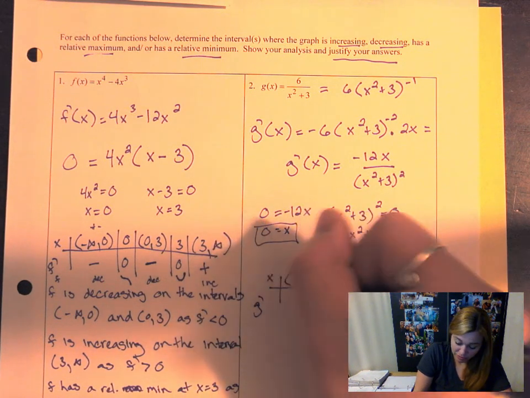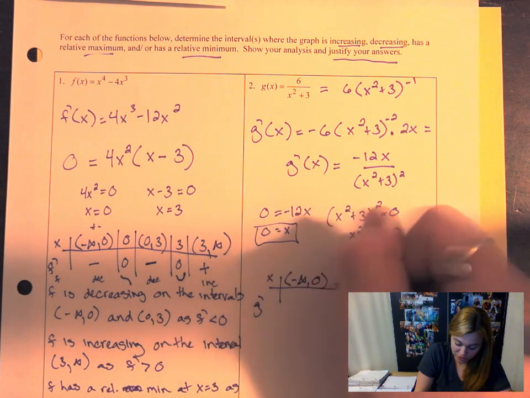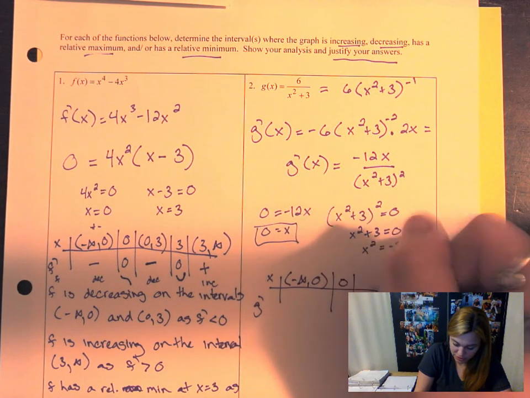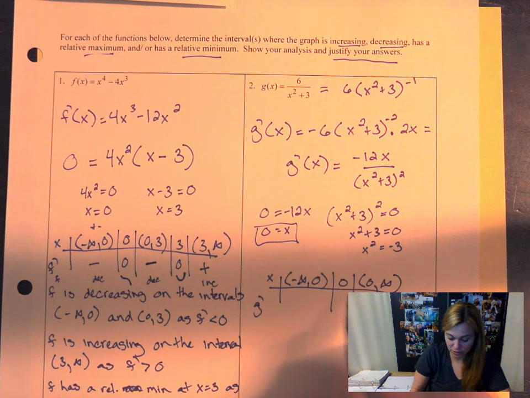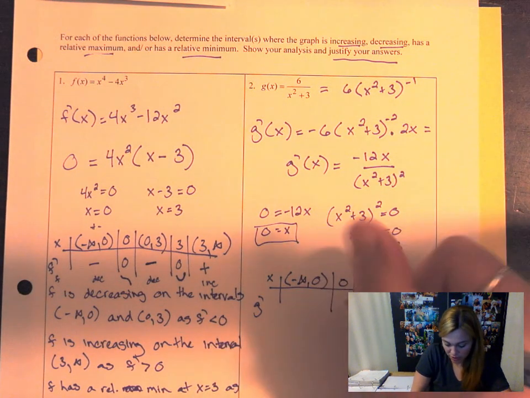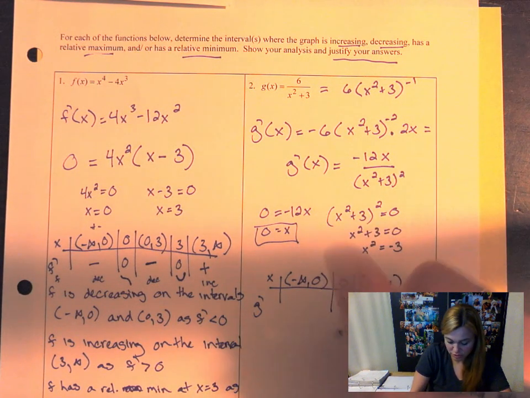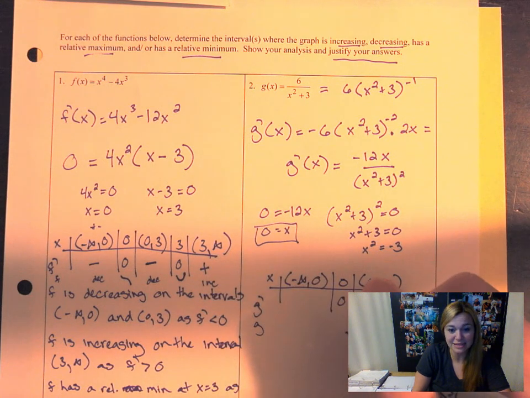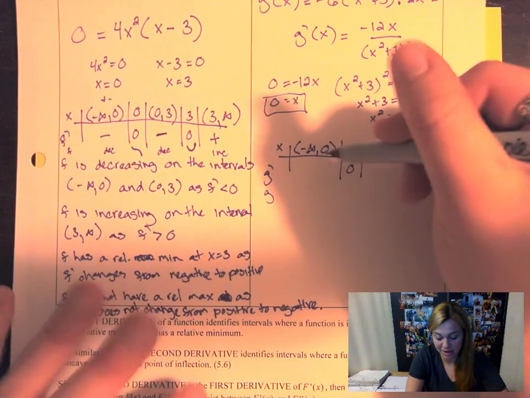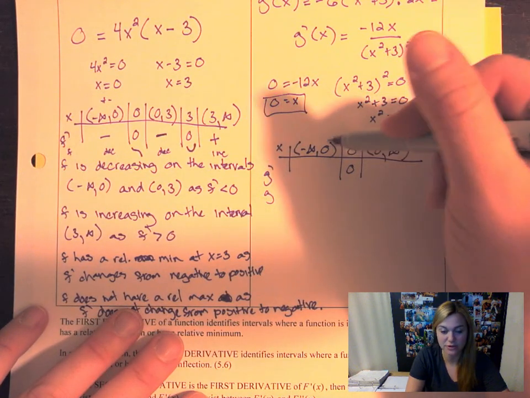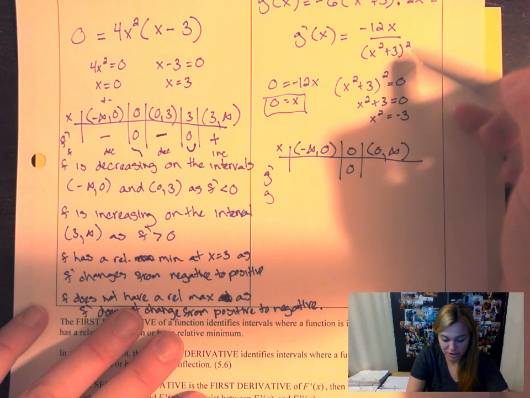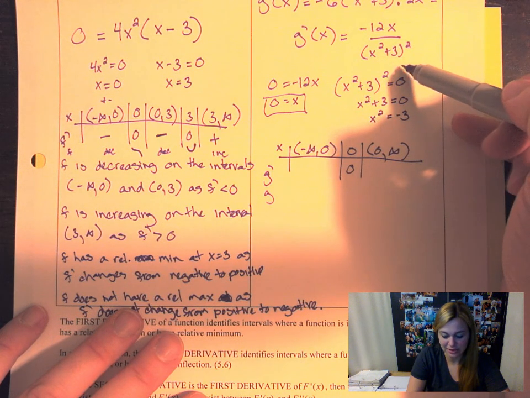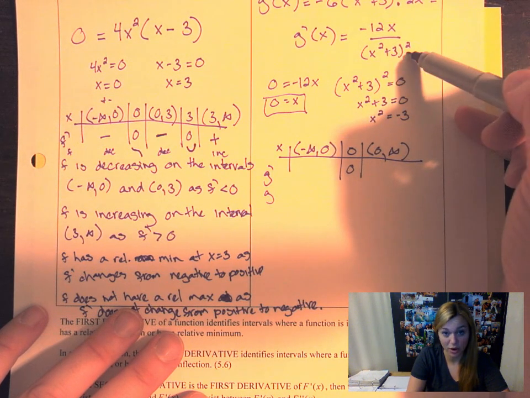And I'm going to go from -infinity to 0, 0 to infinity. And I know at 0, g prime is equal to 0, which means for g there's a possible relative min or max. And then remember that you substitute in a value from -infinity to 0 into the derivative. So -100, if I put that in. The denominator is always going to be positive because I have some number squared plus 3 squared again.